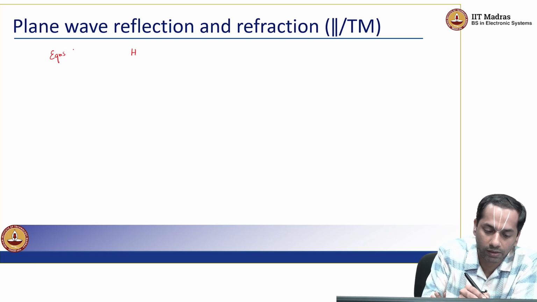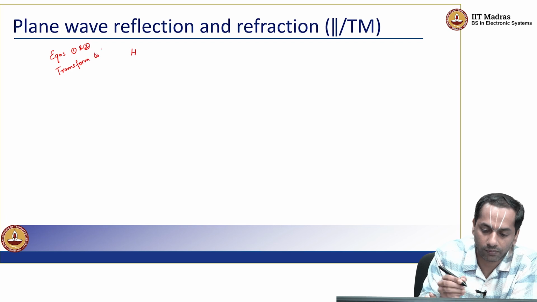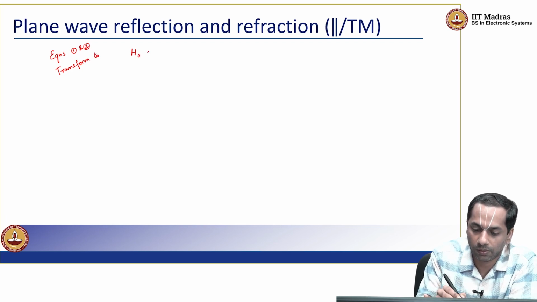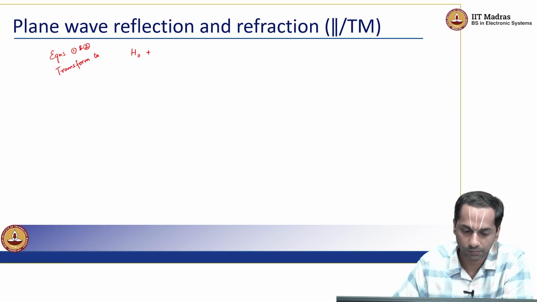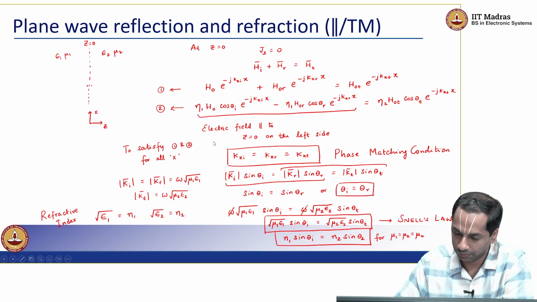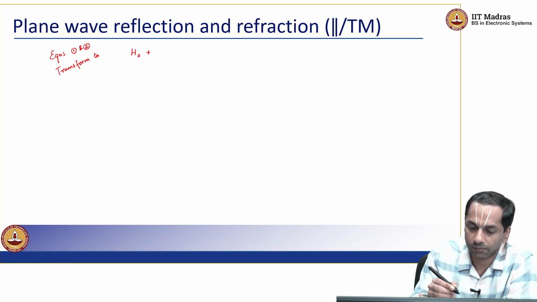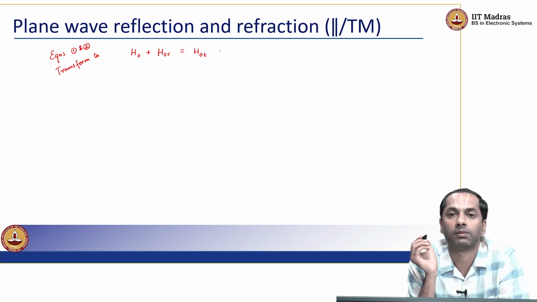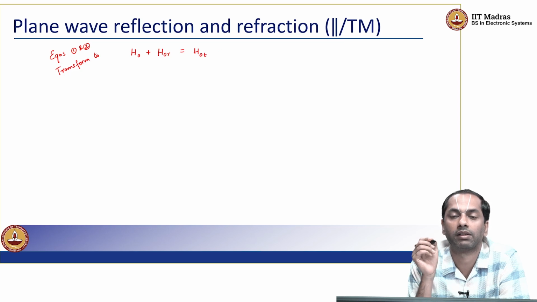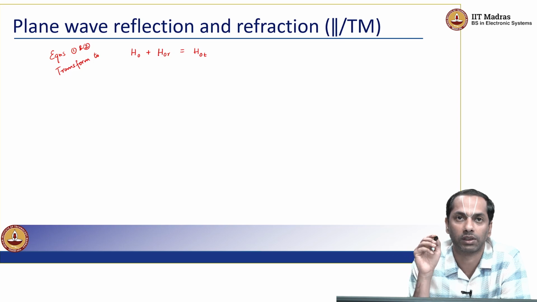So, equations 1 and 2 transform to, so we have H0i plus H0r is equal to H0t, okay, because e to the minus j k x i x and all the exponentials, they cancel off, right, from both sides.